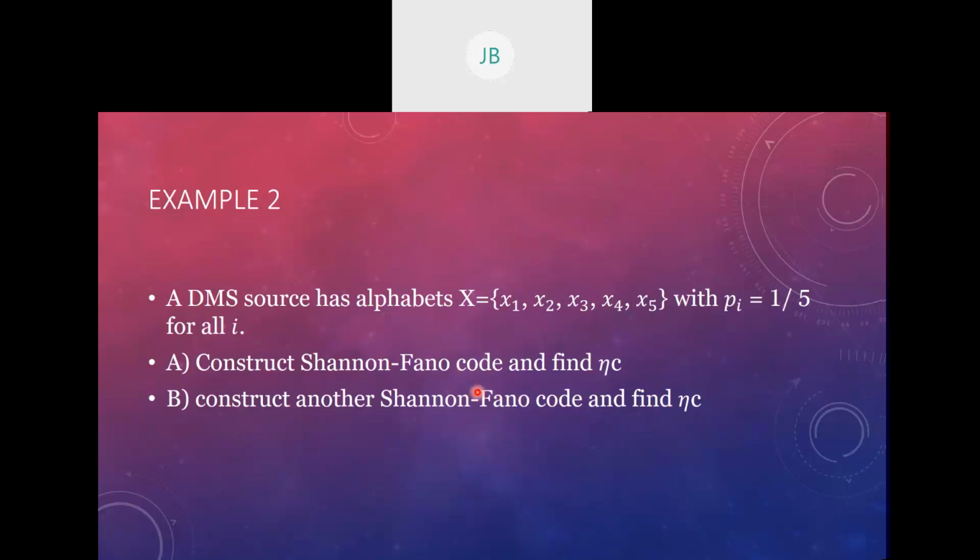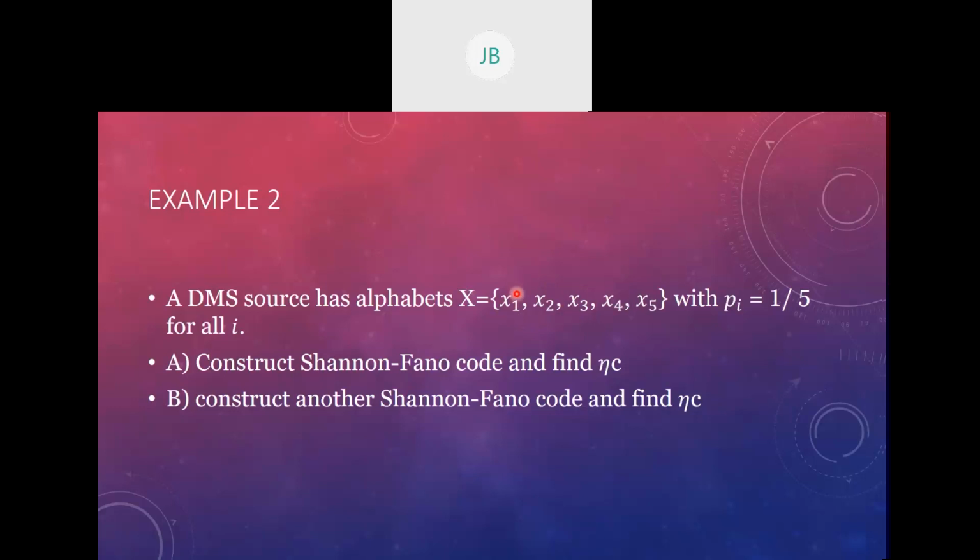The second question is construct another Shannon-Fano code and find its efficiency. So now, in this case, we are trying to explore the different ways of grouping. Since there are 5 symbols here, can we group these 2 together and these 3 together? Or can we group these 3 together and these 2 together? And what's the performance?